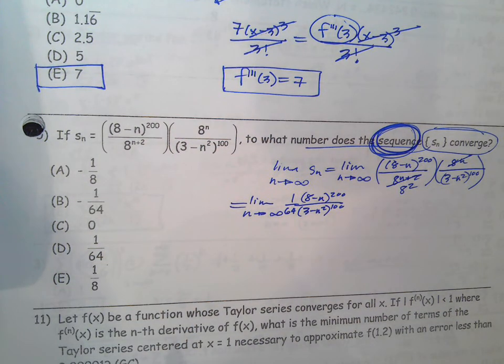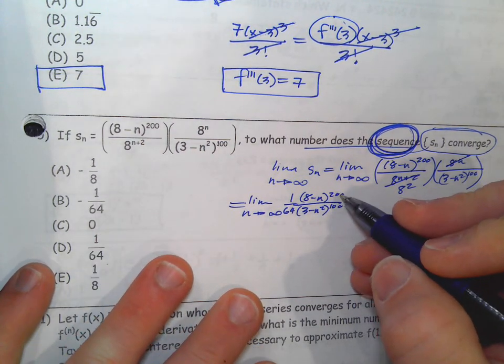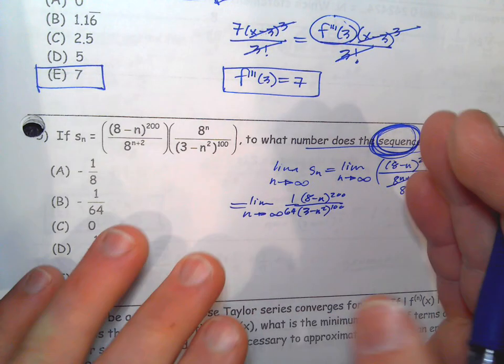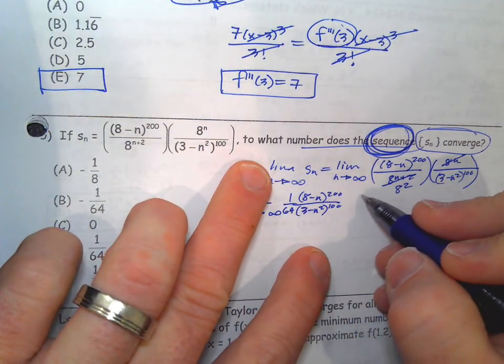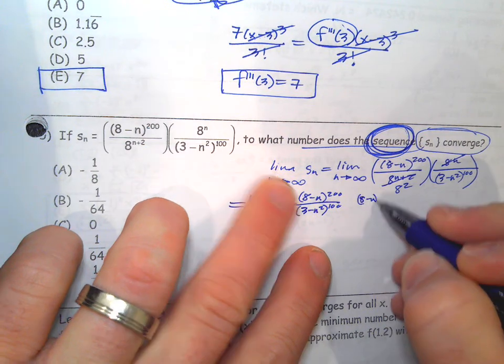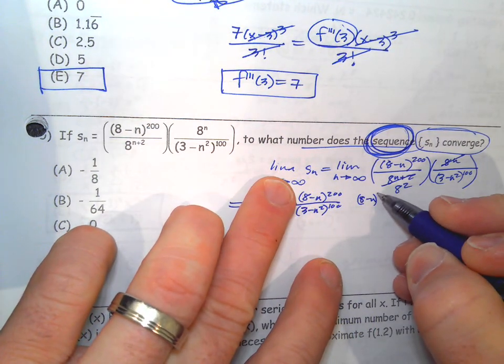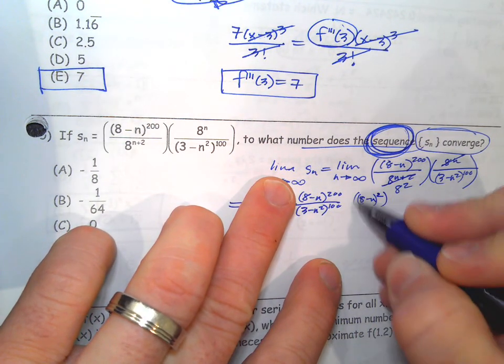I'm just trying to help myself here. I think these have two different powers. If I could put them into the same exponent, it'd be a lot easier. And so what we could do is say, well, (8 minus n) to the 200 is (8 minus n) to the 2 and then to the 100.